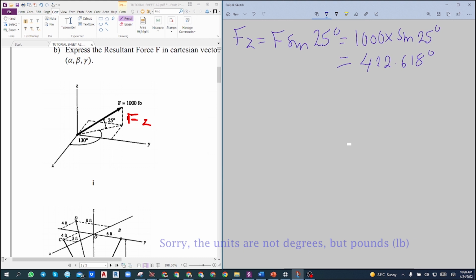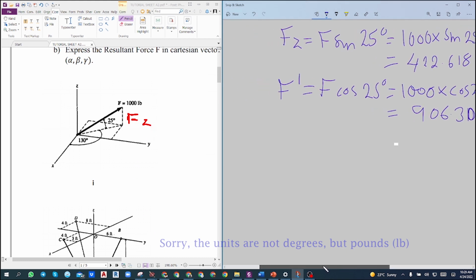Then I'll find my F prime to be equal to F cos 25 degrees, which is equal to 1000 times cos 25 degrees. This is giving me 906.307.